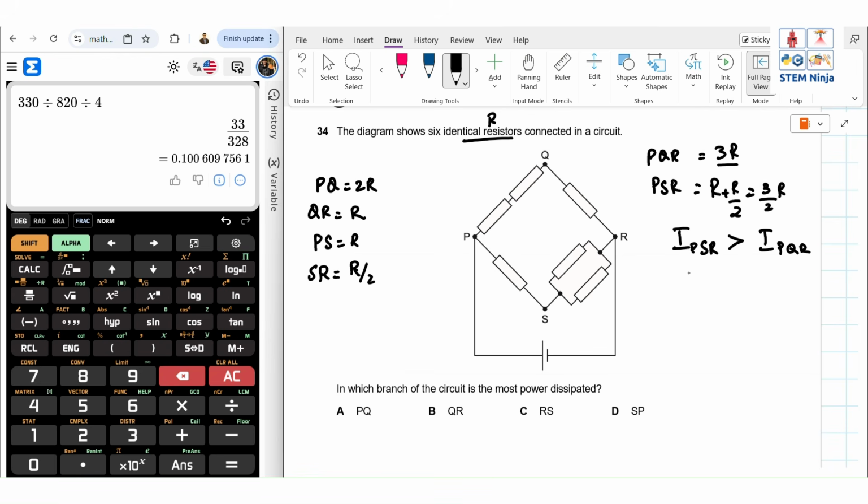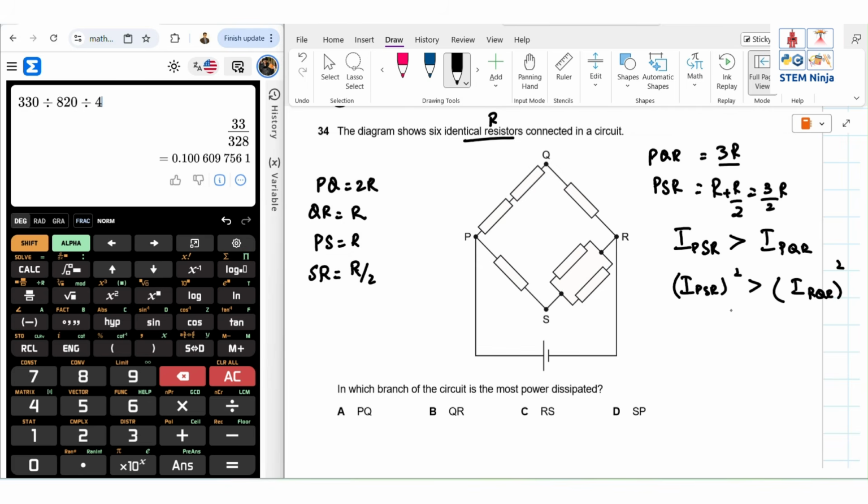Right? So even the squares of those values will not be the same. PSR whole squared versus PQR whole squared. We could deduce the expressions for PSR and PQR also very quickly. So let's say if this is V, so I_PQR would be just simply V over 3R, and I_PSR would be V divided by 3 by 2 R. So that would be 2V over 3R.